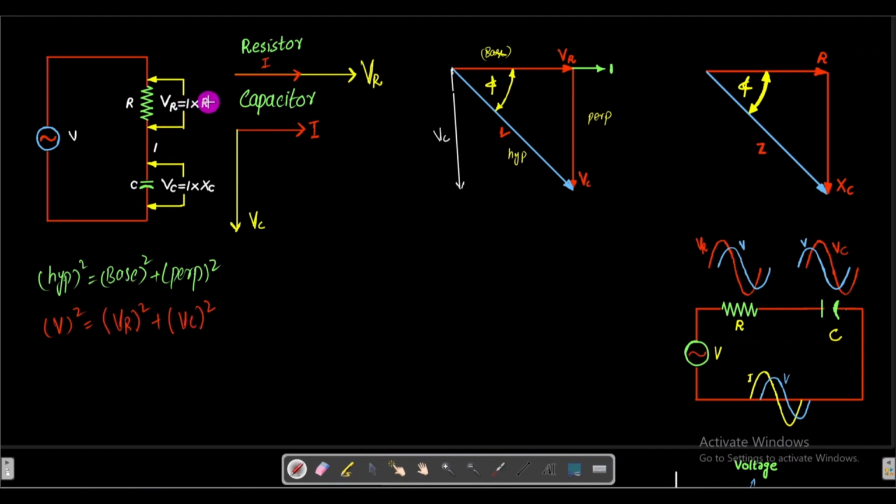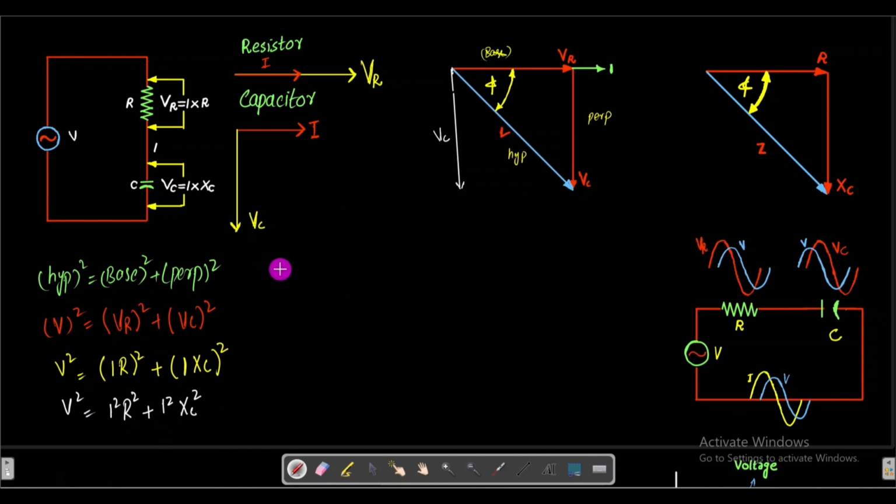VR is equal to IR, whole square, and this VC is equal to IXC, whole square. So from here we can write that V square is equal to I square R square plus I square XC whole square. From this we will take the common I square.